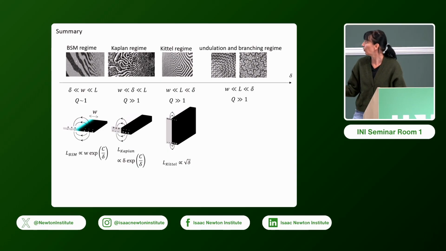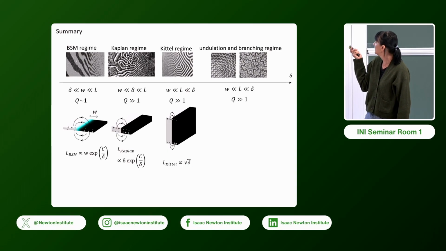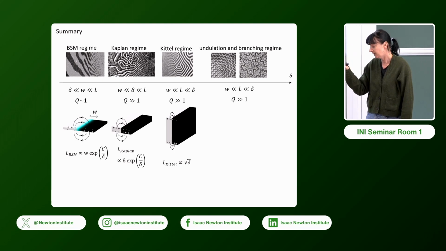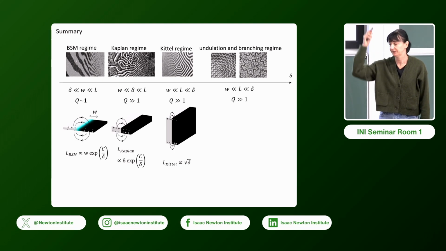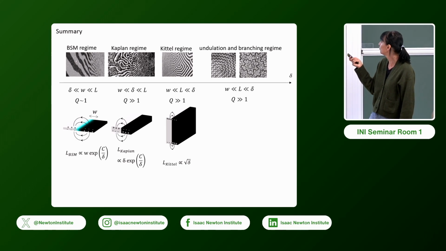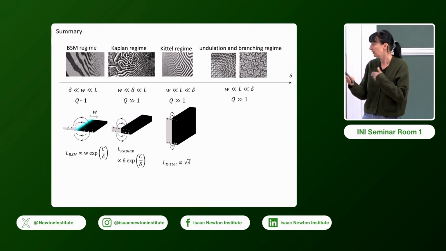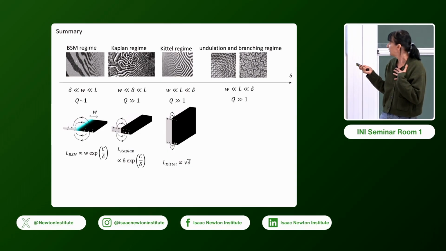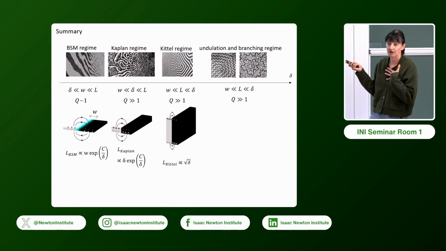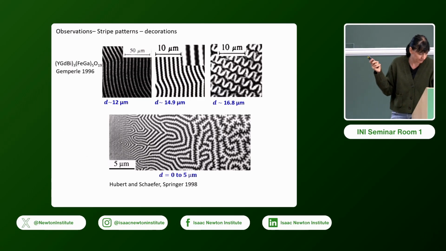I want to mention also that if you push the thickness beyond a certain quantity, which experimentally is of the order of maybe beyond 10 micron, the system is going to find another way to cancel these surface charges, something else than just forming closer and closer domains, and this will start to undulate and eventually form some branching.